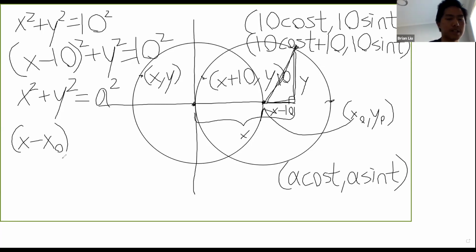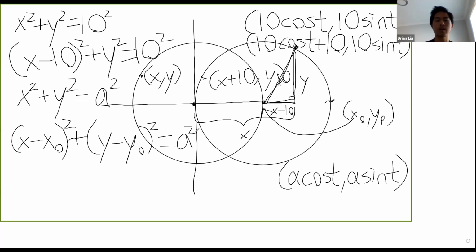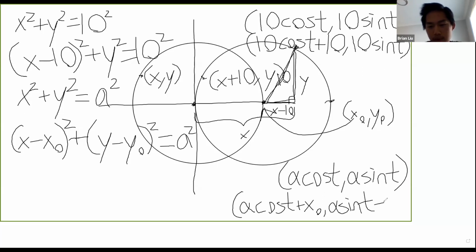Then we have x minus x0 squared plus y minus y0 squared equals the radius squared. And recall that this just basically follows from the Pythagorean theorem. And the corresponding one with the parametric equation is, again, you just shift x and y by x0, y0. So a cosine t plus x0, and then a sine t plus y0.